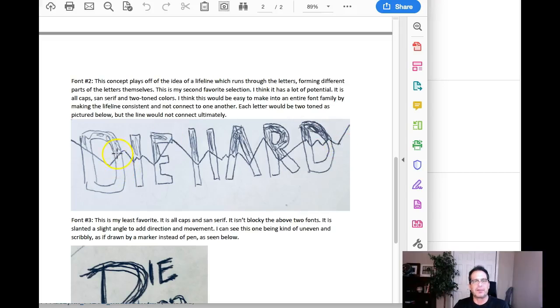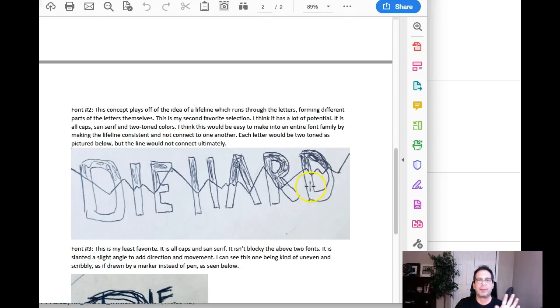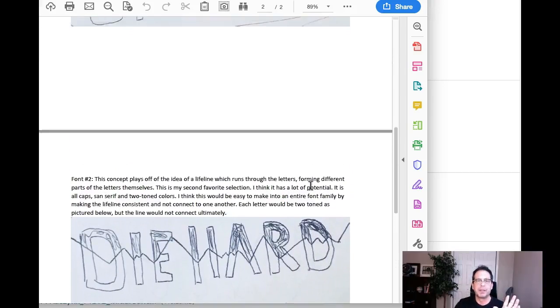So I think this is interesting, using these different angles that run through each of the letters. The reason I say that is it represents this good versus evil thing that we see in the movie over and over again, and this whole premise based on good versus evil.